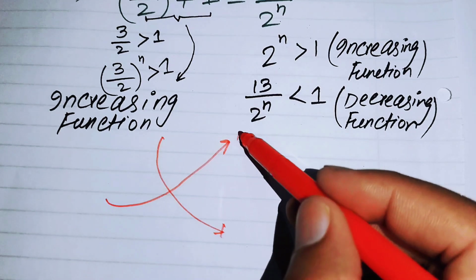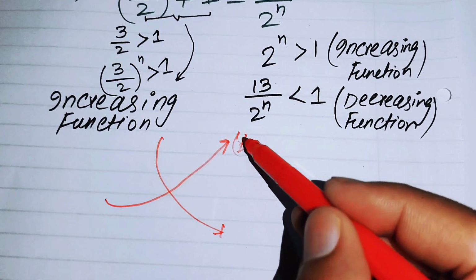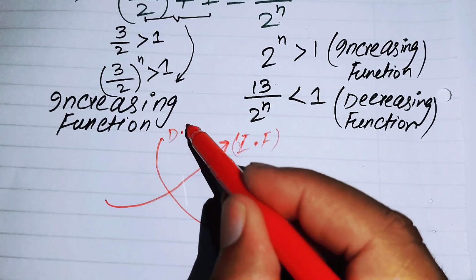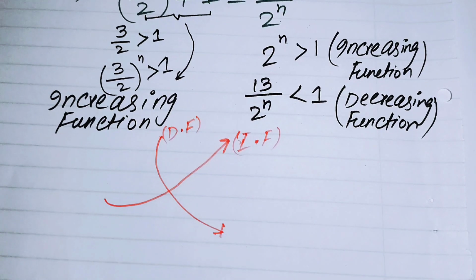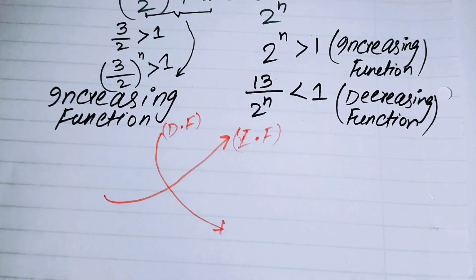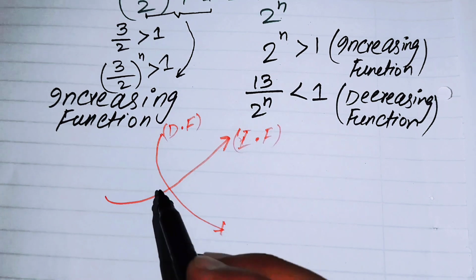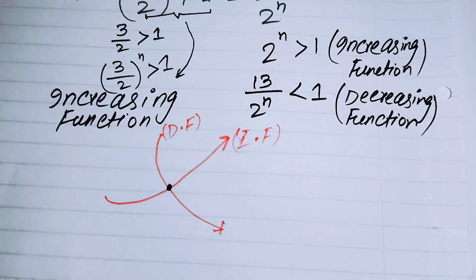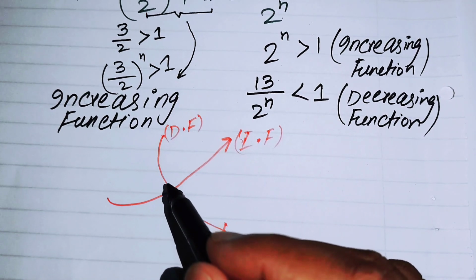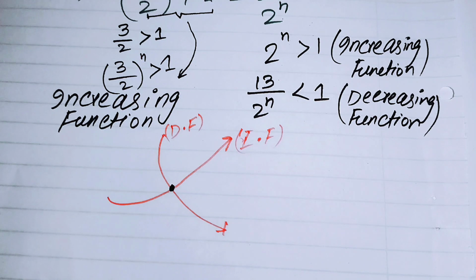So this function is the increasing function, and this function is the decreasing function. And now you see that increasing and decreasing functions intersect at only one point, so we can say that this point is the only solution of the given equation.